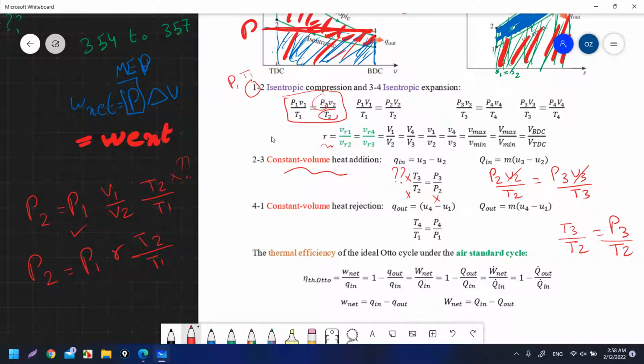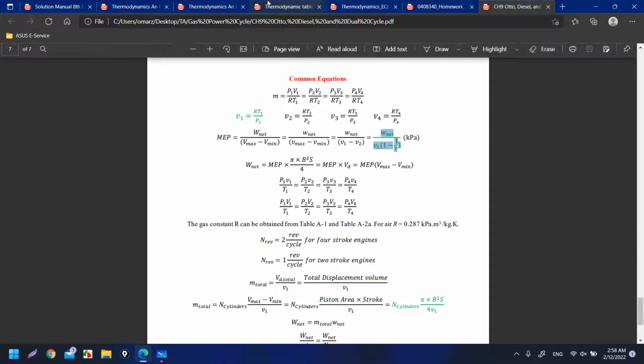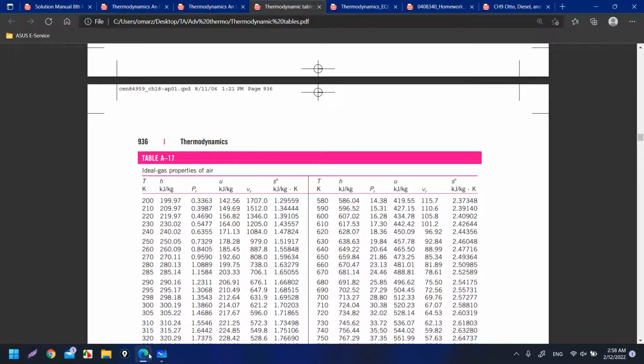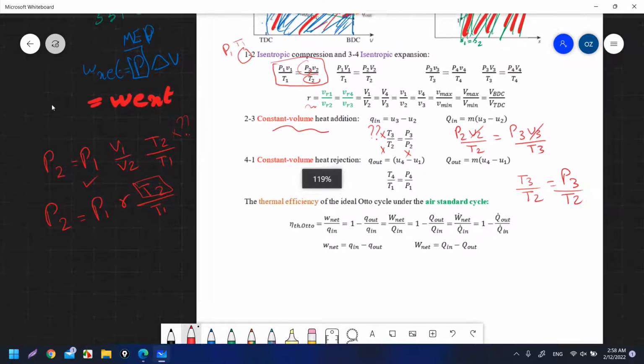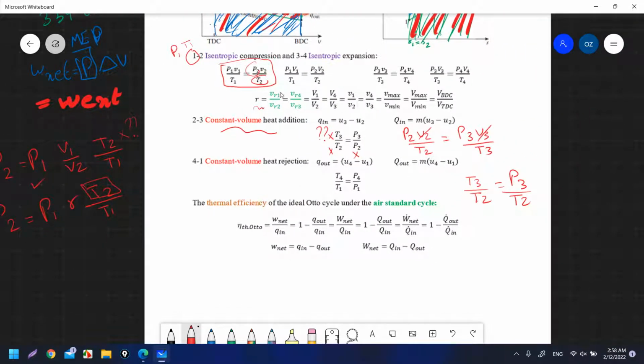So how can I find T2? The problem is in T2. If I find T2, I can find P2. And that is a good point: you cannot find the pressure unless you have the temperature, and the pressure is not in table A17. So how can I find T2? I have the information that r is also equal to vr1 over vr2.